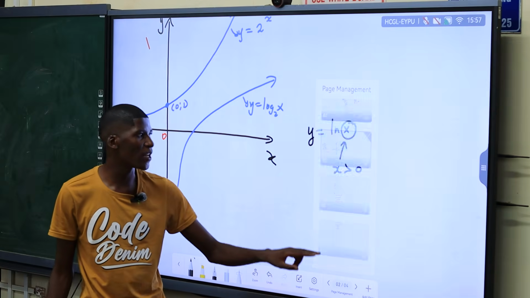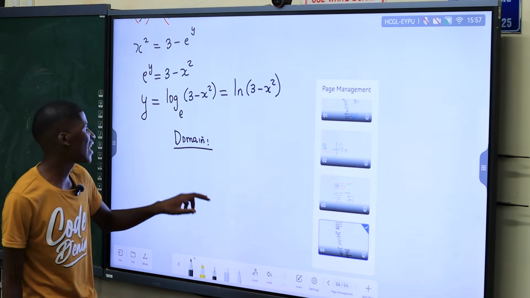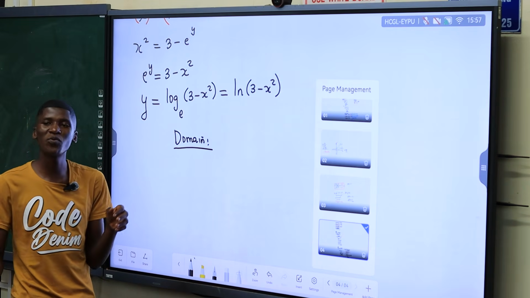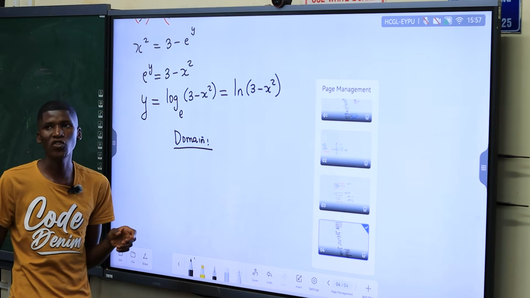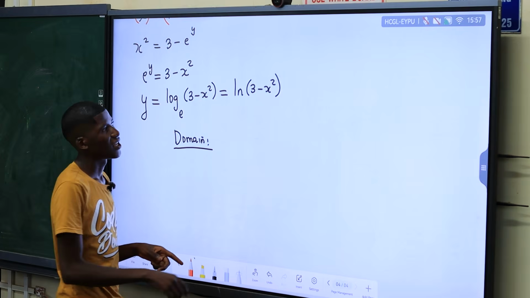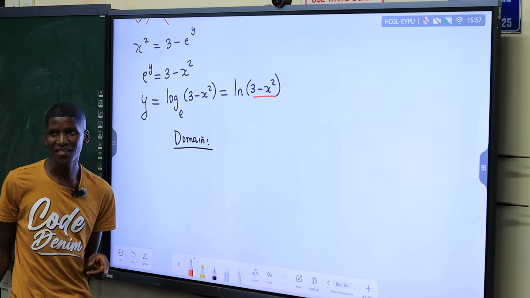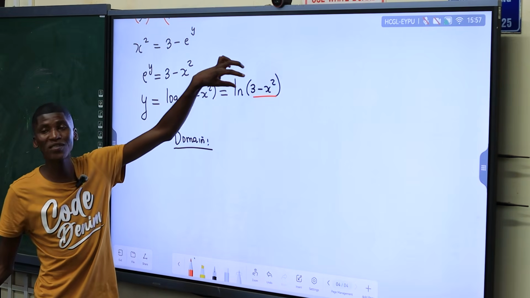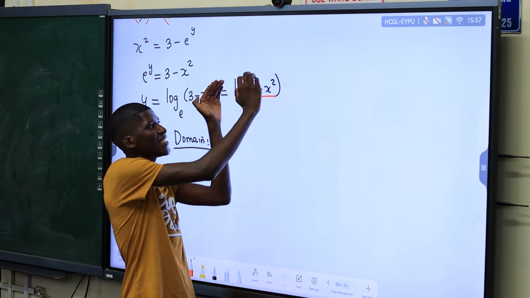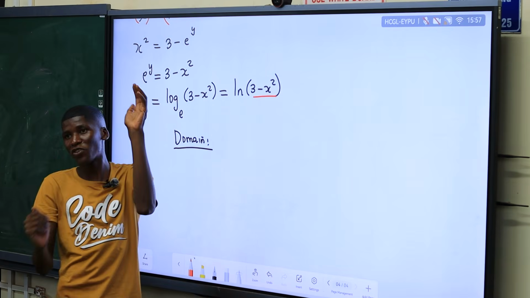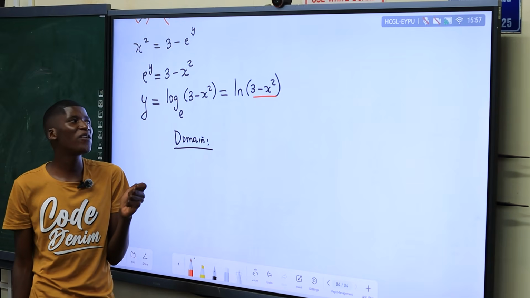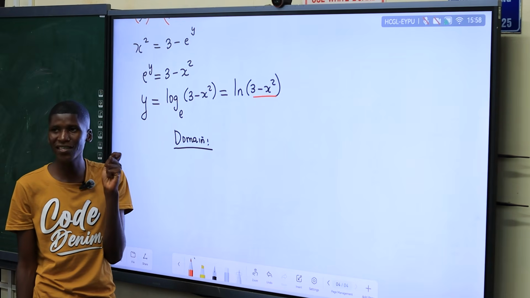That function is different. Look here. This function is now ln of 3 minus x squared. So you've shifted, it's no longer just ln, the mother graph. At this point, what must be greater than 0? The expression inside, because ln cannot take 0 or any negative number. Whatever you put inside the bracket as an argument must be greater than 0. You can't just say the domain is x is greater than 0.